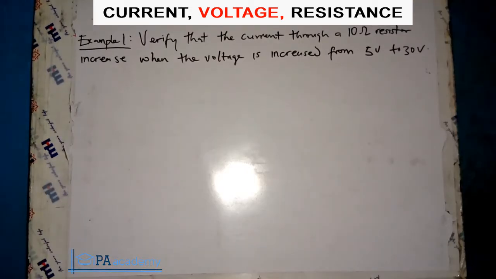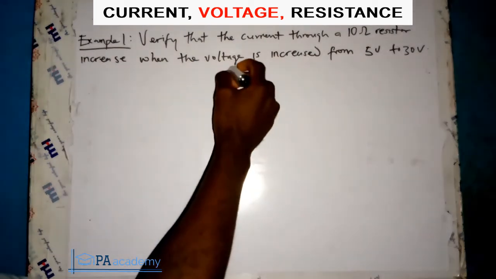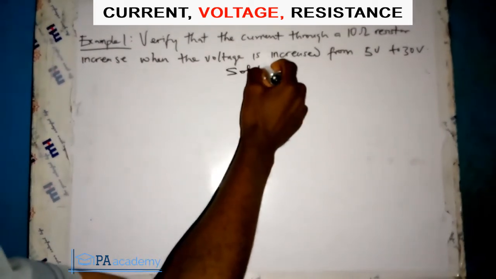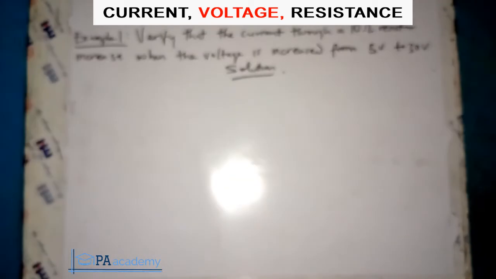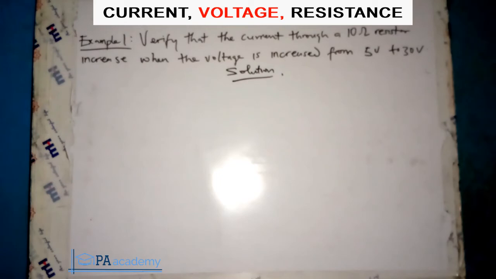So here's an example. It says, verify that the current through a 10 ohm resistor increases when the voltage is increased from 5 volts to 30 volts. So let's look at this example under Ohm's law. If you remember Ohm's law, the current passing through a metallic conductor, e.g. a wire, is directly proportional to the potential difference across it, provided that the temperature and other physical conditions are kept constant.